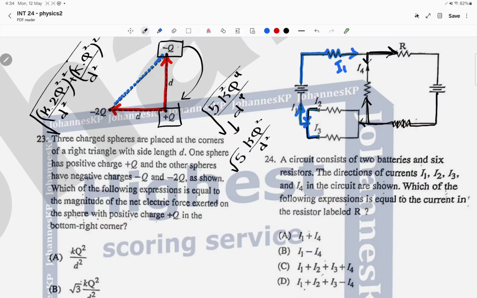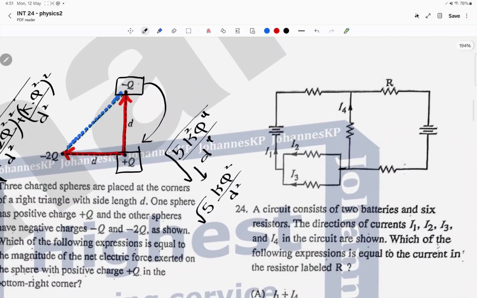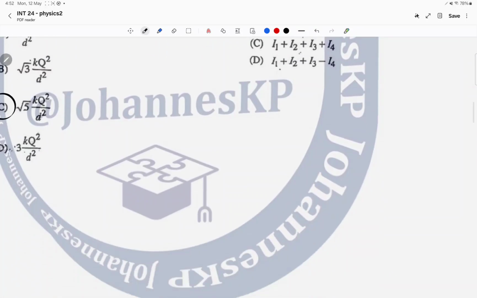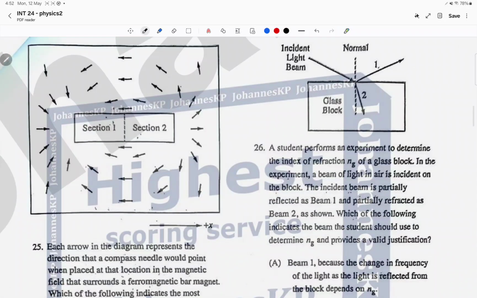So according to Kirchhoff's law, the total current going into a junction, which is I1 with I4, should be equal to the current going out of the junction. So the current going through R is I1 plus I4. So the answer is going to be choice A. Easy. Piece of cake.